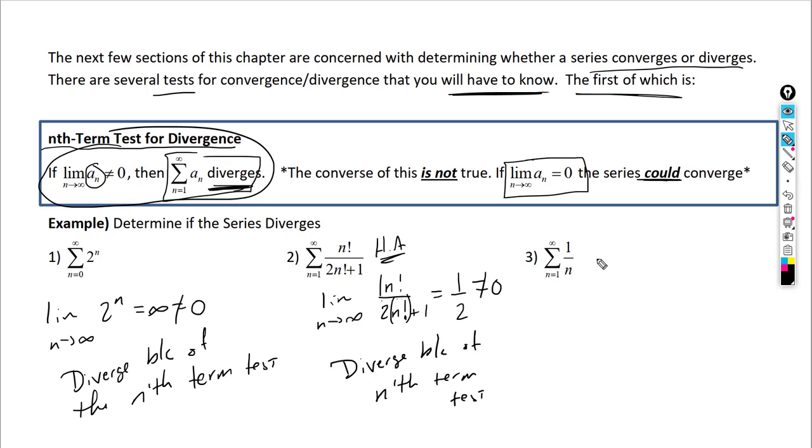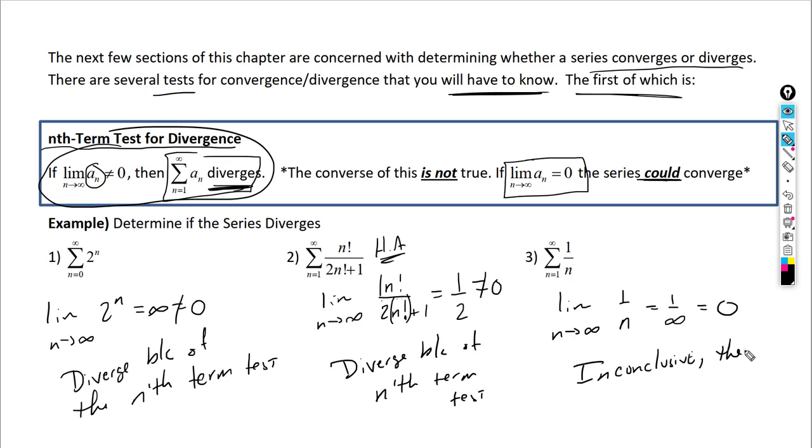This one, if I took the limit as n approaches infinity of 1 over n, this is equal to 1 over infinity, which is equal to 0. And because this is equal to 0, the test is inconclusive. We know it's not necessarily going to diverge, but it could, so it's inconclusive.